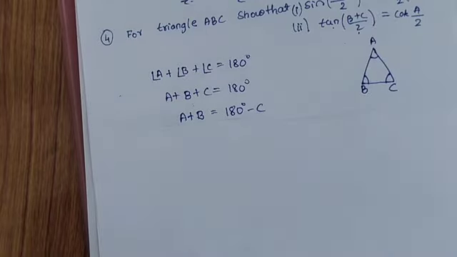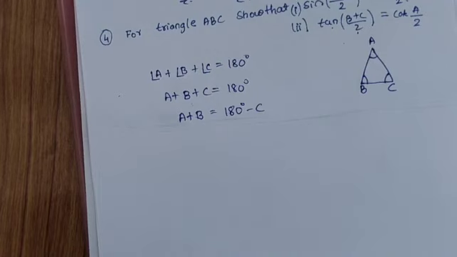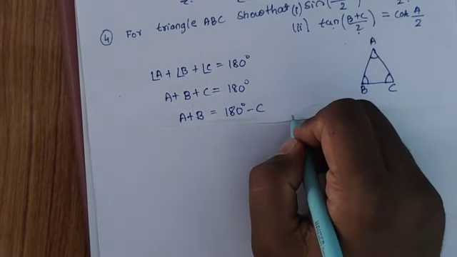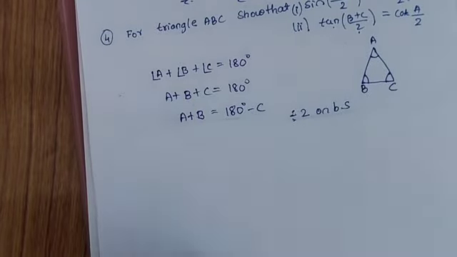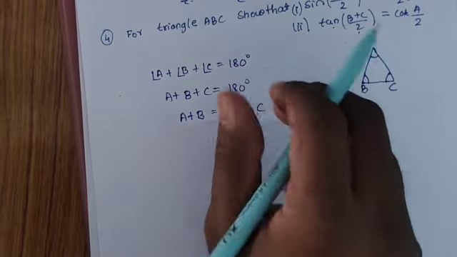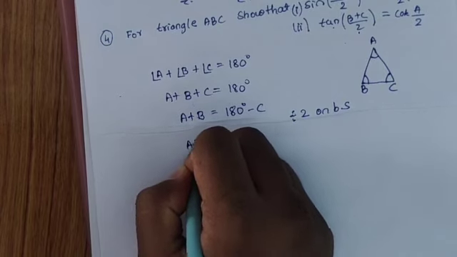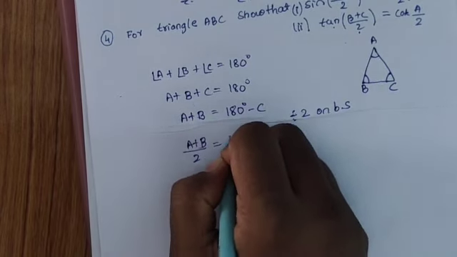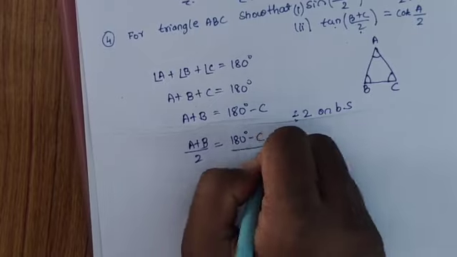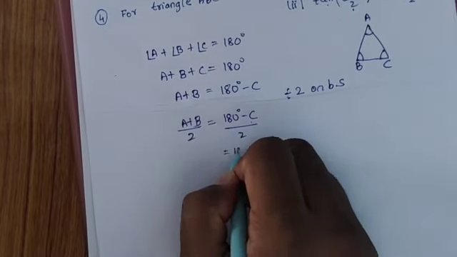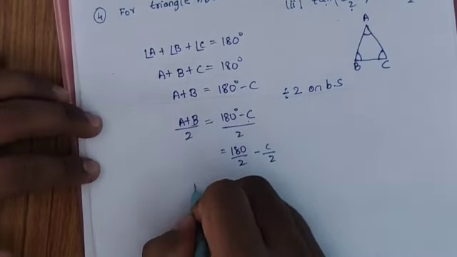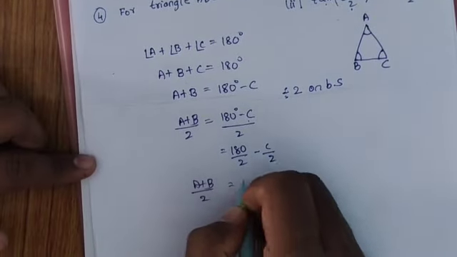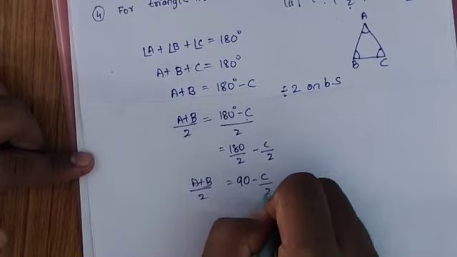Now if we divide by 2 on both sides, on LHS and RHS, what do we get? A plus B divided by 2 is equal to (180 minus C) divided by 2. This can also be written as 180 divided by 2 minus C by 2. That is, (A plus B) divided by 2 is equal to 90 minus C by 2.